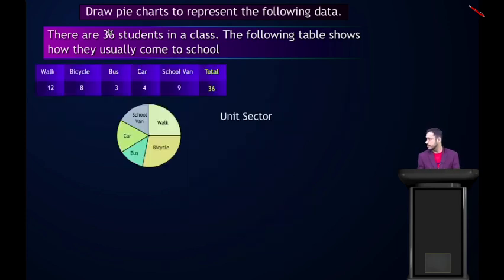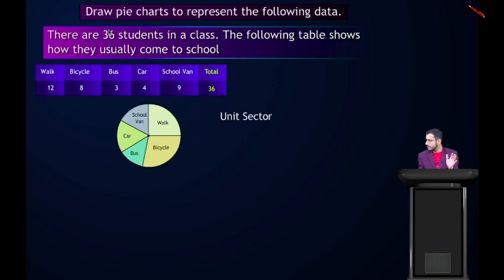So here we find the unit sector. How can we find it? Can you tell me? Yes, correct. Unit sector is equal to 360 degree divided by total, and the total is 36 here. So first we find the unit sector using the formula: unit sector is equal to 360 degree divided by total.